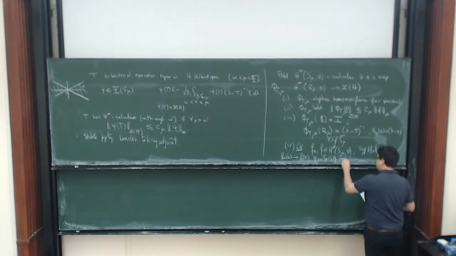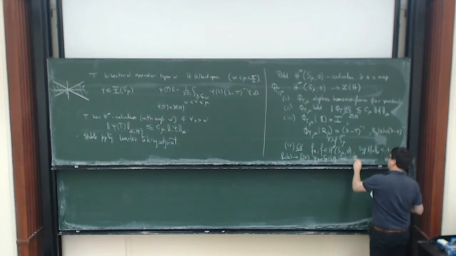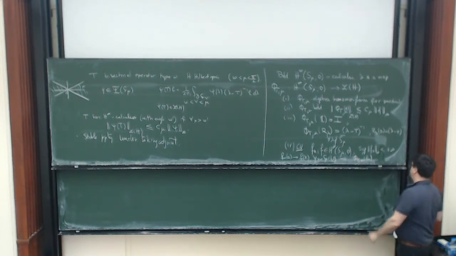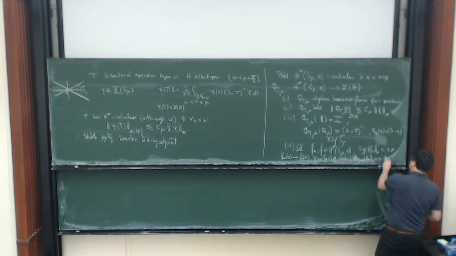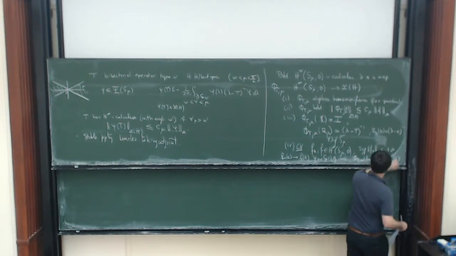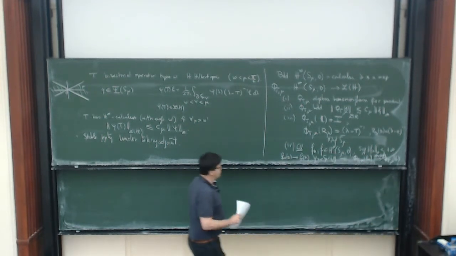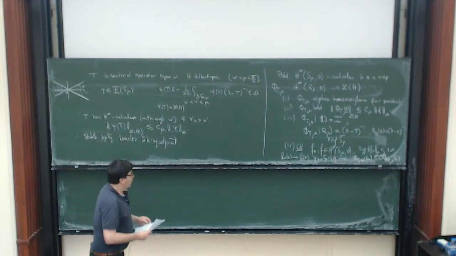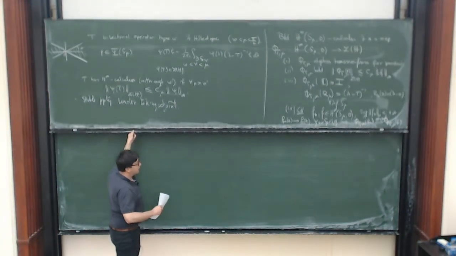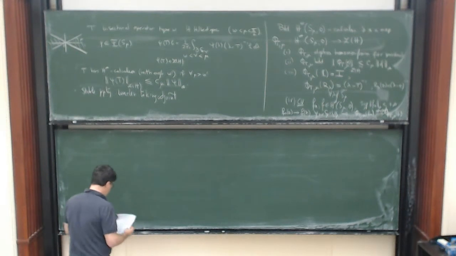Then this implies that phi T mu of Fn converges to phi T mu of F strongly, so for the strong operator topology. This way you can make sense of various objects.